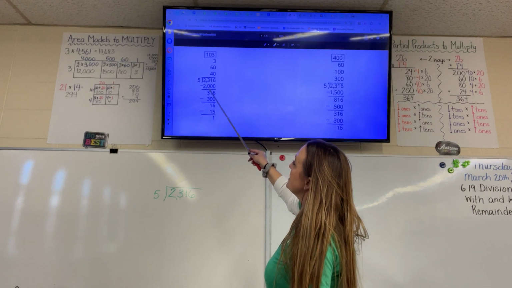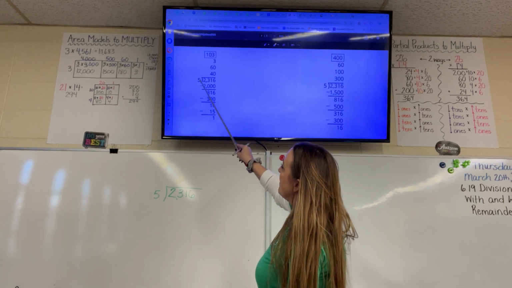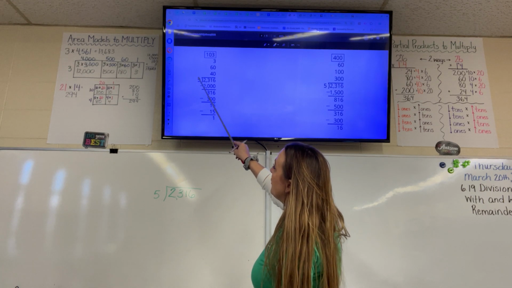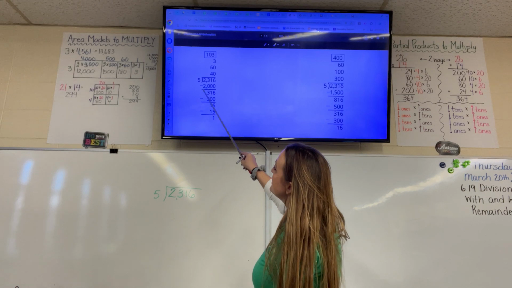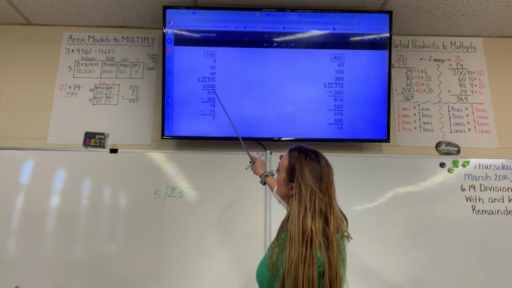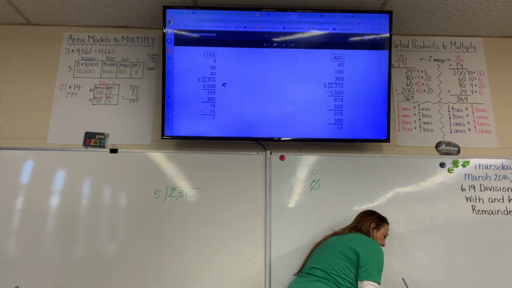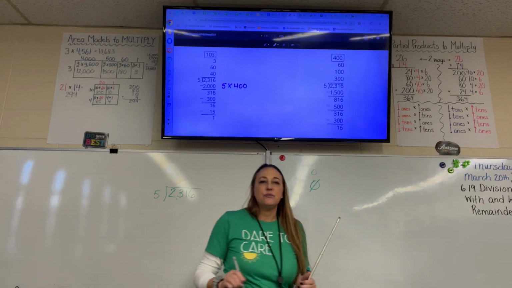Is 2,000 a multiple of 5? Yes, because you can't multiply 5 times anything and get 2, but what can you multiply 5 times and get 20? 4. So that means 5 times 400 would be the expression for 2,000.